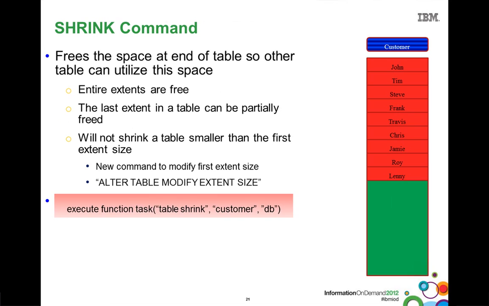Now, if you want to reserve some free space at the end of the table, the shrink command will not shrink less than the first extent size. And the syntax alter table modify extent size has been added to allow you to adjust the first extent size if you need to.